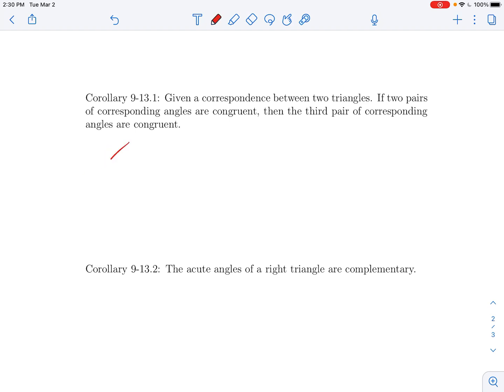So here's the idea. If I have 2 triangles, and I'm only talking about congruent angles, not congruent sides here.